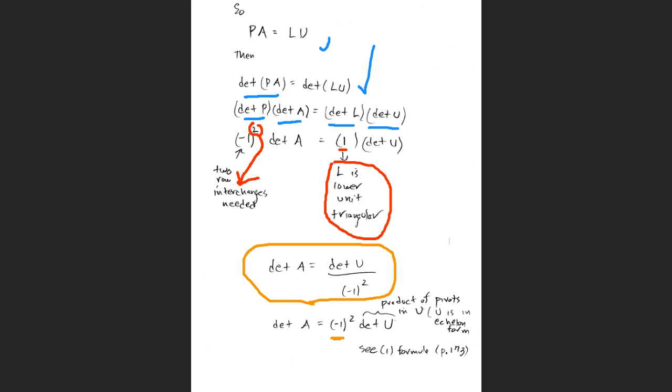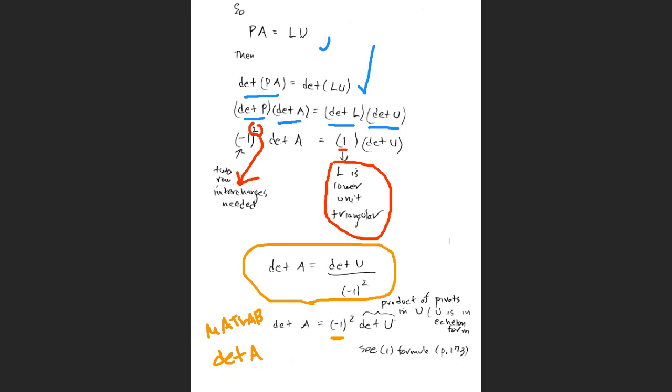So what you're going to do in MATLAB assignment number 2 is you're going to use the MATLAB command determinant of A. You're going to use that command. Okay, that's the MATLAB command.